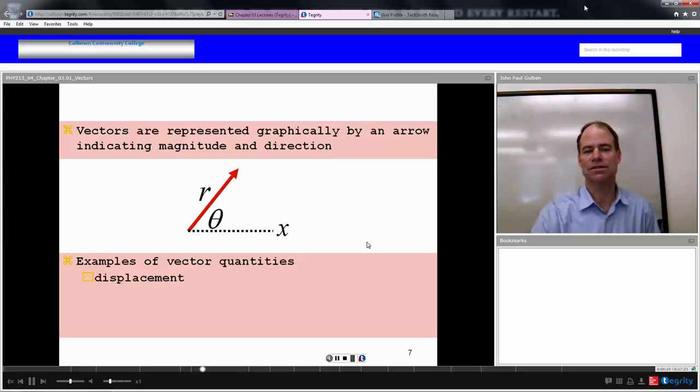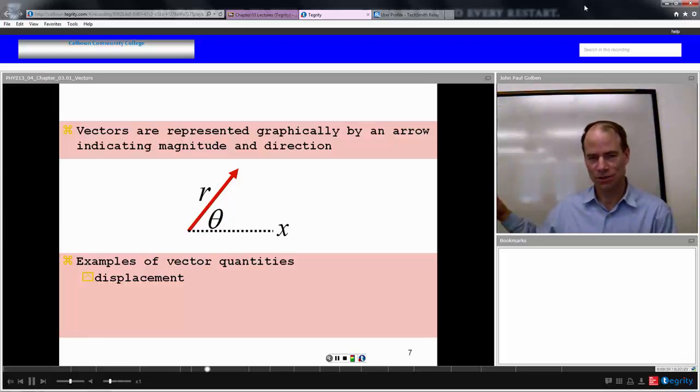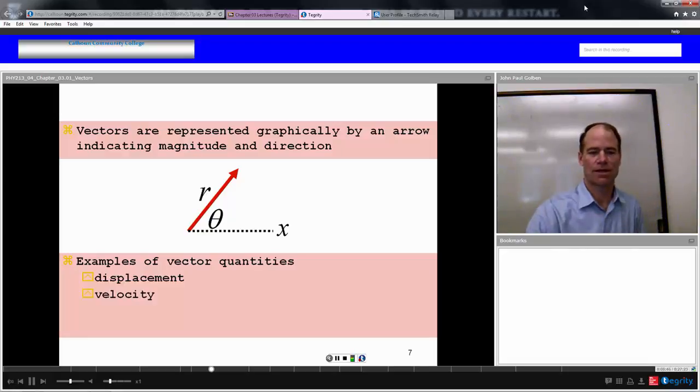Examples of vectors are displacement. It matters if I change my position and say I go 100 miles north to Nashville, or if I go 100 miles south to Birmingham. I'm going to end up in different places, and my displacement is going to be different. So the direction matters whether I go north or south. Velocity.